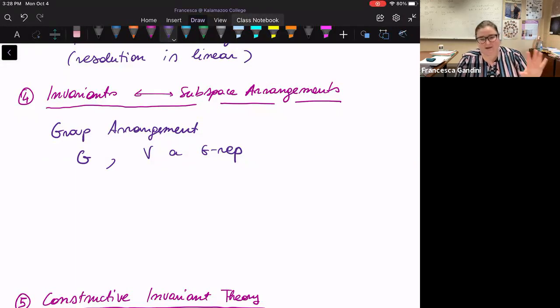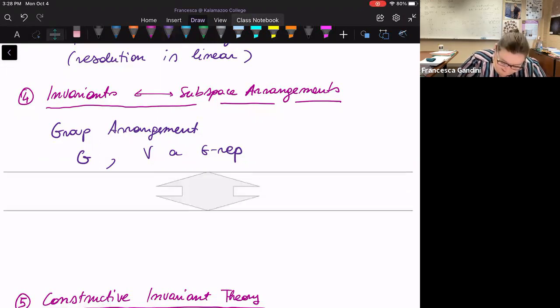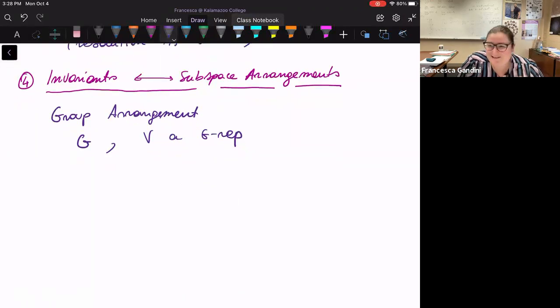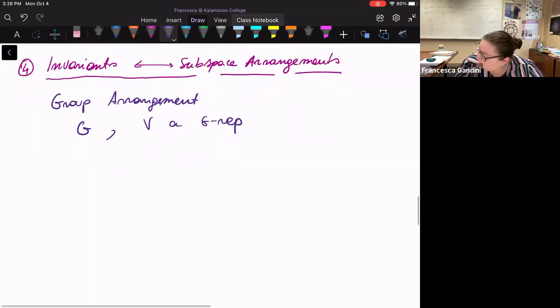This is a new V. I think I need to go back to my paper and fix my V's and W's. Consistency in notation is a real struggle, especially when you want it to be consistent with the literature. Good luck. Anyway, so what is this group arrangement?